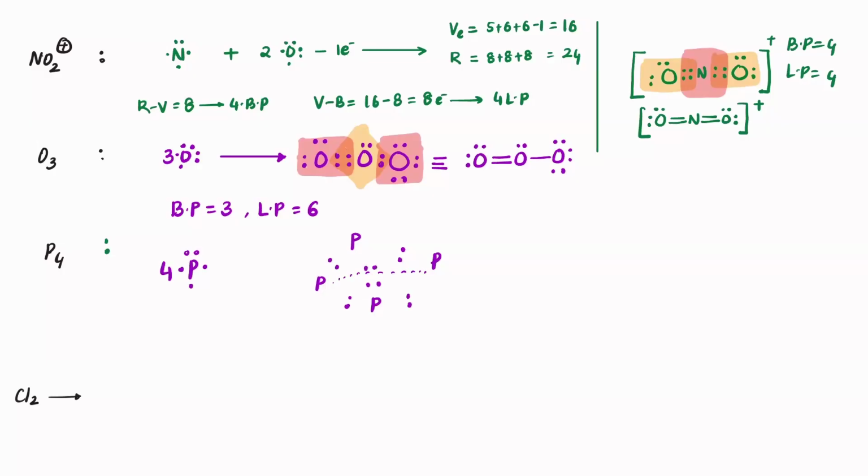So let me show you. Between these two there is one sharing of electrons. Between these two there is one sharing of electrons. Let me just delete this part. Now, between these two there is one sharing of electrons like this. One pair of sharing of electrons. And now, between these two there is one pair of sharing.